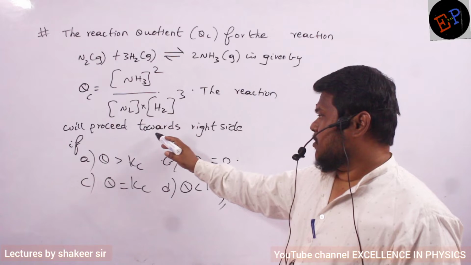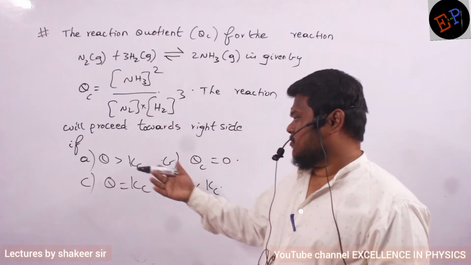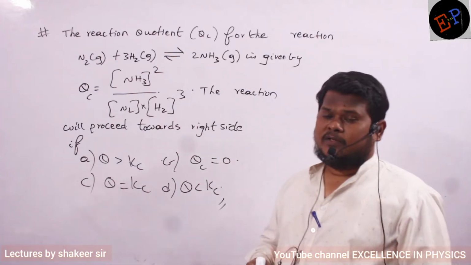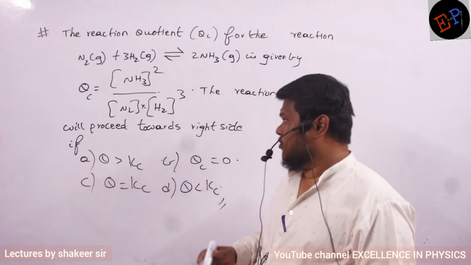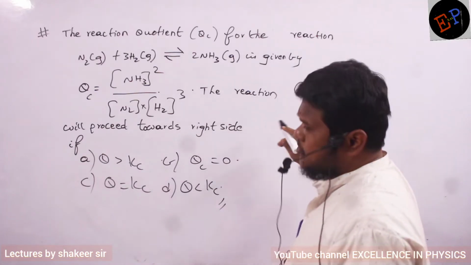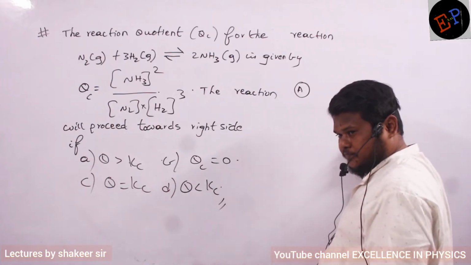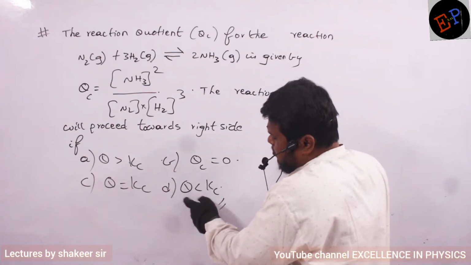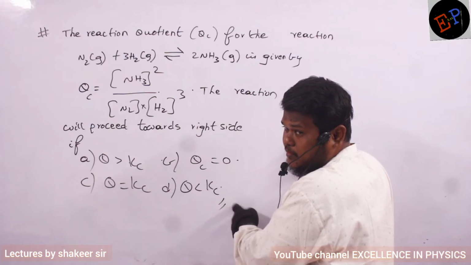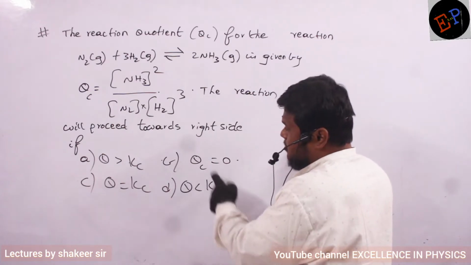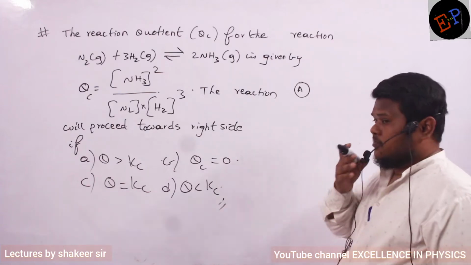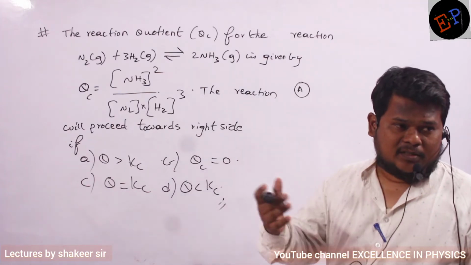So the reaction will proceed towards the right side in which of these cases? Right side is nothing but forward reaction. In which condition will it proceed in forward direction? Already we have studied: the quotient ratio should be less than the equilibrium constant, QC is less than KC. Only in this condition will this reaction proceed towards the right side, or in forward direction.